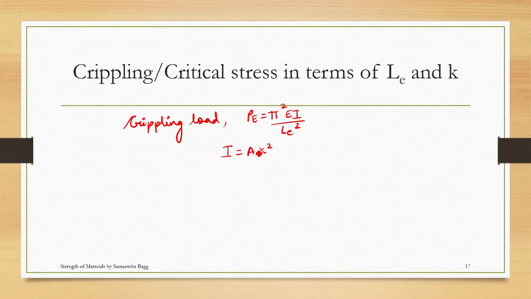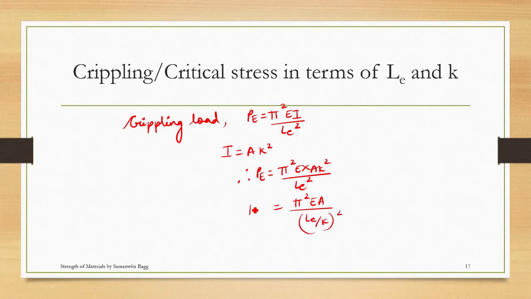Now, when I substitute this I value over here, I get PE is equal to pi square E into A K square upon LE square. When I bring this K down, this becomes pi square E into A upon (LE by K) the whole square. This is the formula of PE.